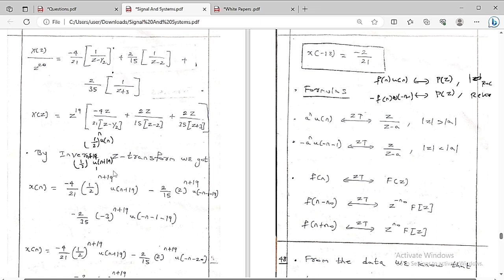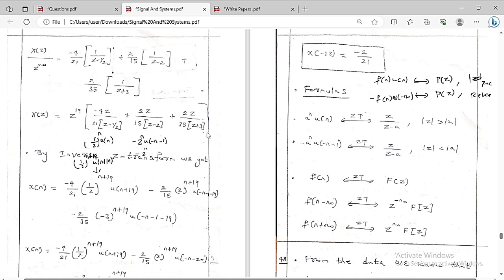Similarly here, at the base equal to 2, we should get a left side signal, meaning the ROC is inward. When you use this formula, you have z minus a, where a is 2. So minus 2 to the power of n into u of minus n minus 1. But here there is a z to the power of 19, so replace n by n plus 19.